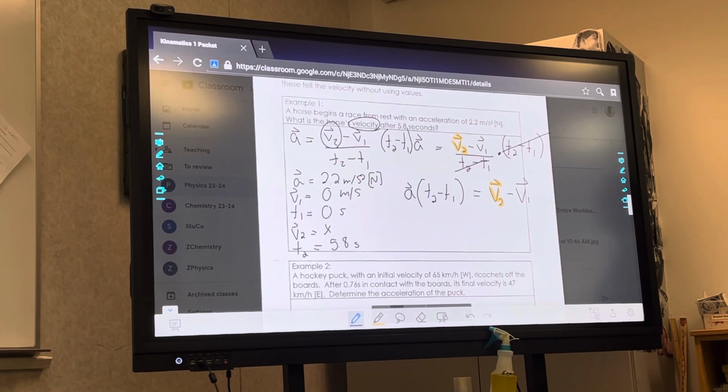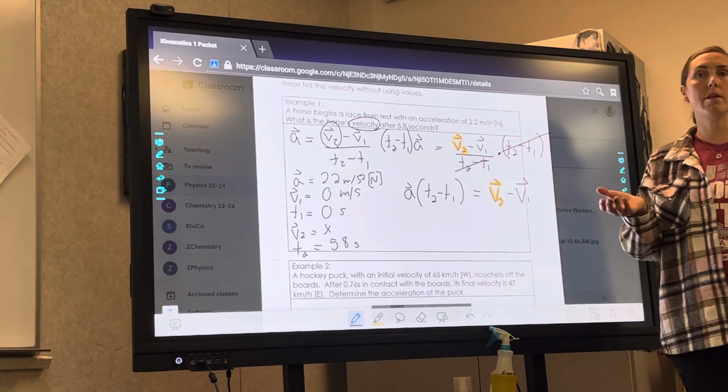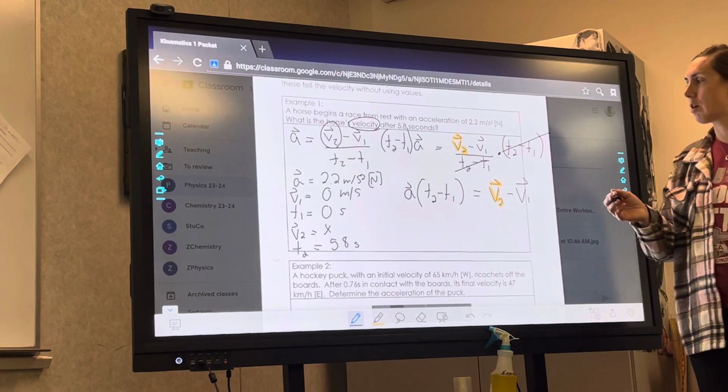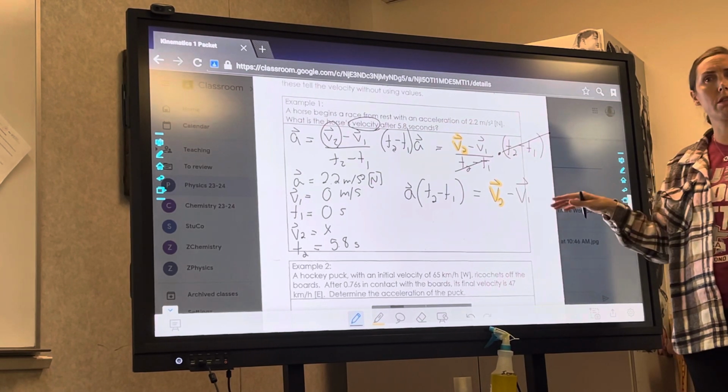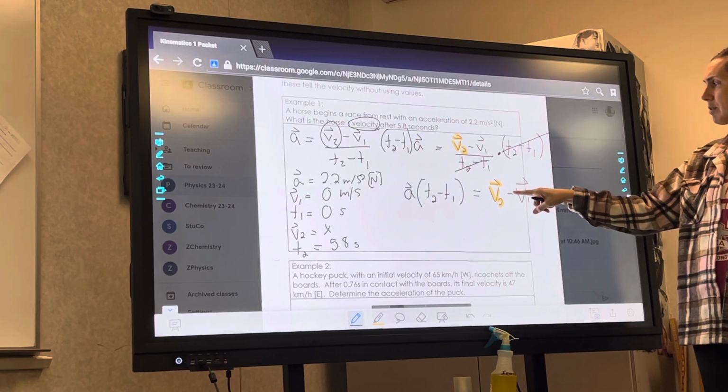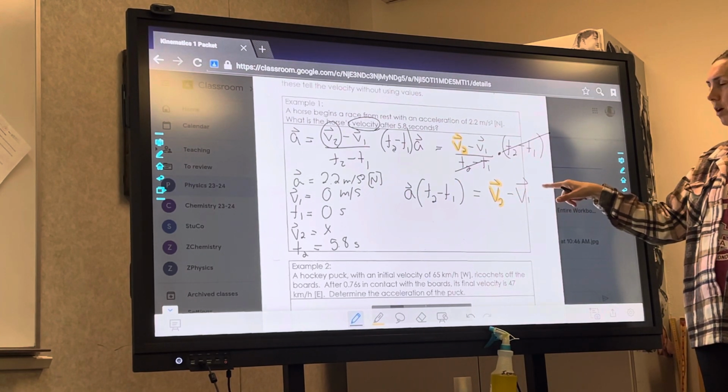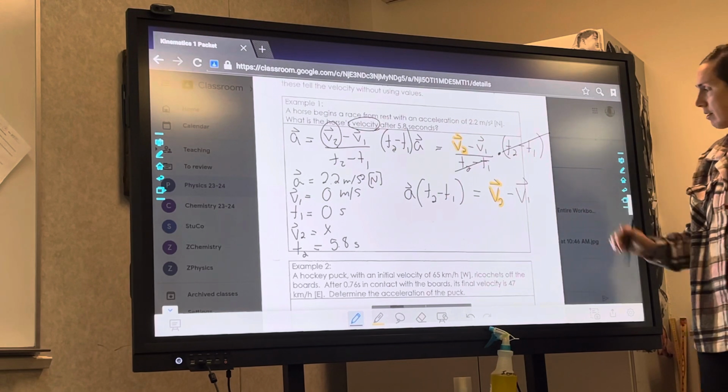So we have to get rid of V1. How are we going to get rid of V1? Subtract it to the other side, or divide it. Nope, we don't divide. It's okay. I didn't know if you saw this or not. Honors kids, y'all never kind of saw this before. If I am subtracting V1 on this side, you add it on both sides? Exactly.